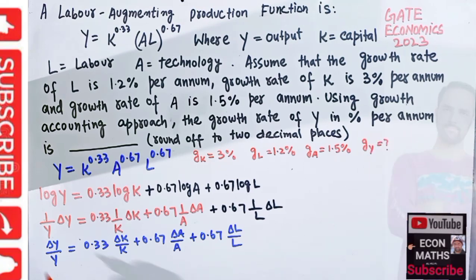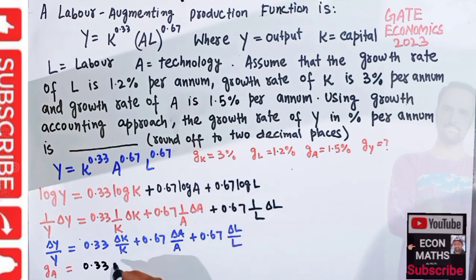Okay, so the growth rate of output will be equal to 0.33. So del K upon K denotes the growth rate of capital.